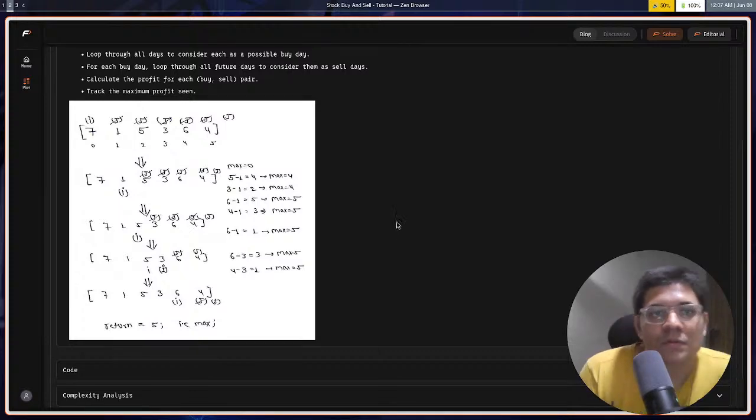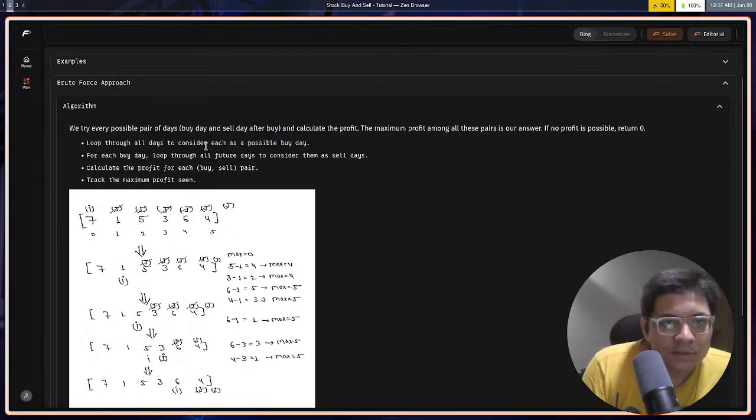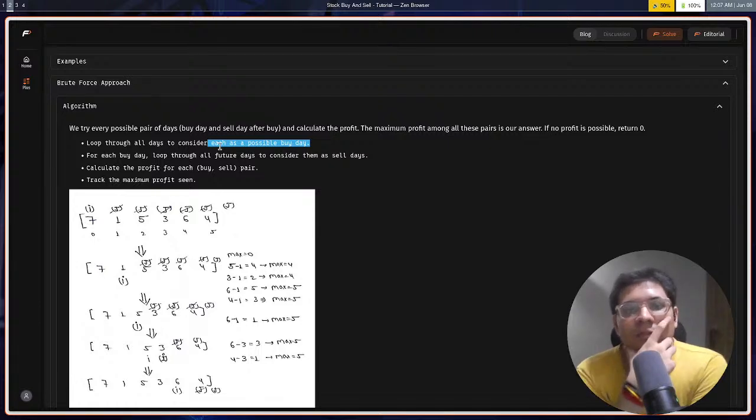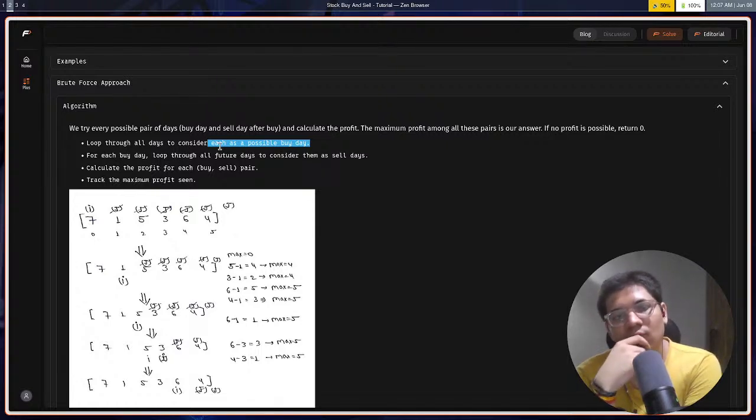So loop through all the days, consider each as a possible buy day. For each buy day, loop through all future days to consider them as a sell day. Calculate the profit for each buy sell pair and track the maximum profit seen.